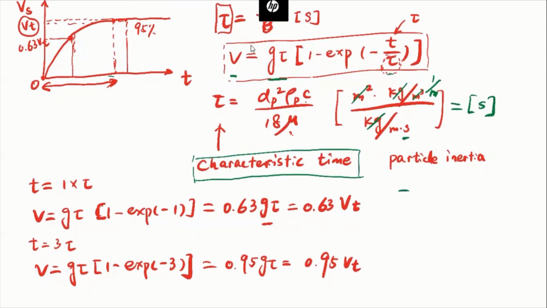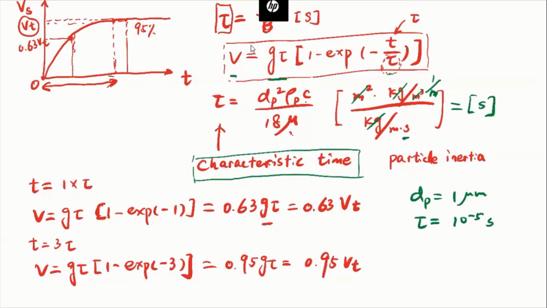So we can find out, basically, if we plug in particles with different sizes, let's say when the particle size is equal to 1 micrometer, we can basically plug in these conditions, right? Assuming it has water density and using the air viscosity, we can find out that this characteristic time is very short. That's 10 to the minus 5 seconds.